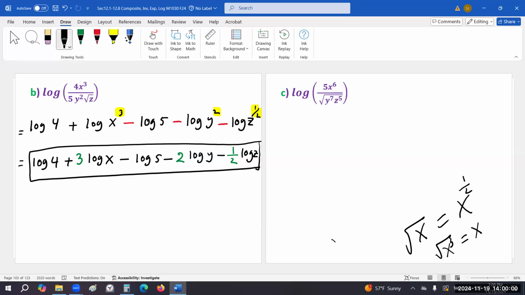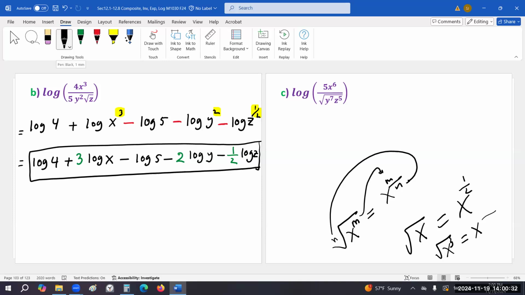Do you remember the rule? Nth root of x to the m, it's x to the what? M over n. If you have both power and the root, power goes on the top, root goes on the bottom.